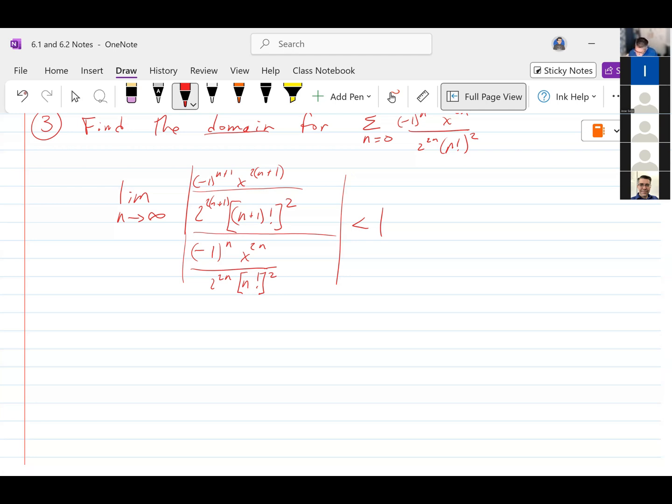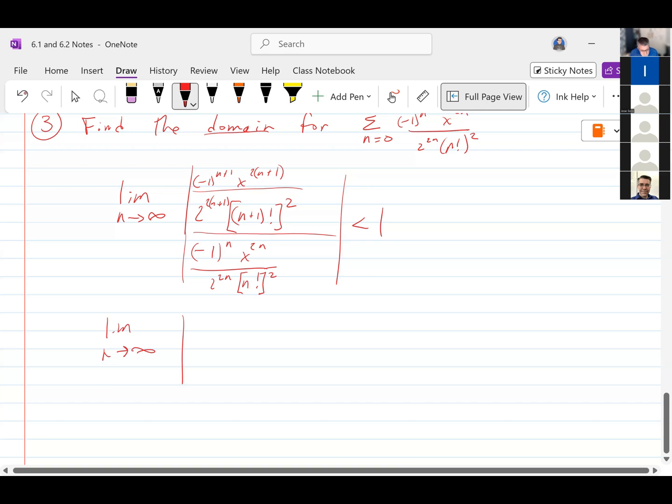Okay, so now we have the limit as n goes to infinity of (-1)^(n+1) x^(2n+2) all over 2^(2n+2) (n+1) factorial, and then squared, times, now the bottom gets flipped upside down.